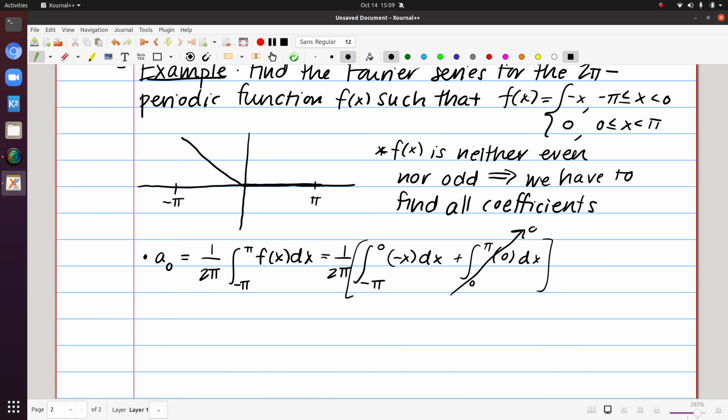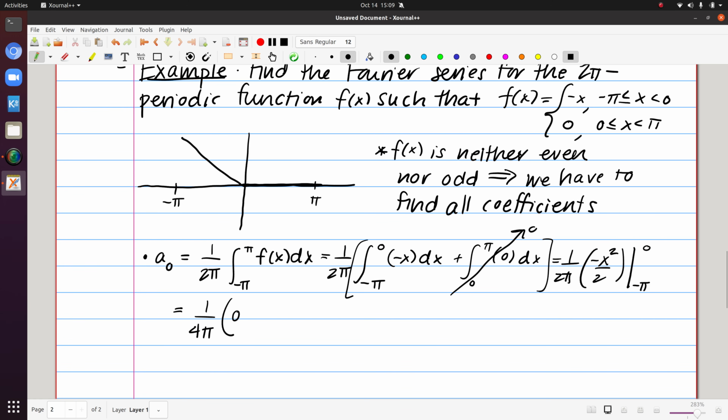Okay, so focusing on the integral that we do have here, my antiderivative, I'd get here a minus x squared over 2, and we're evaluating this from minus pi up to 0. So just have to be careful. We have several minus signs going on there.